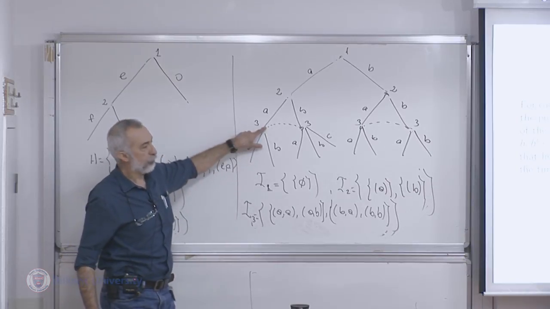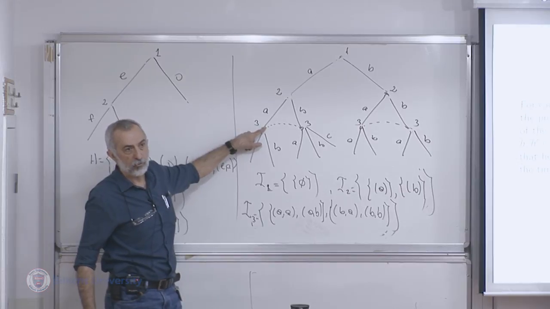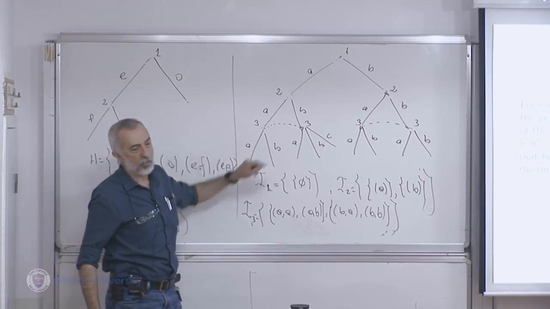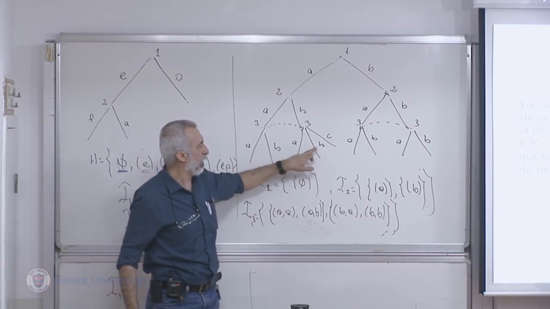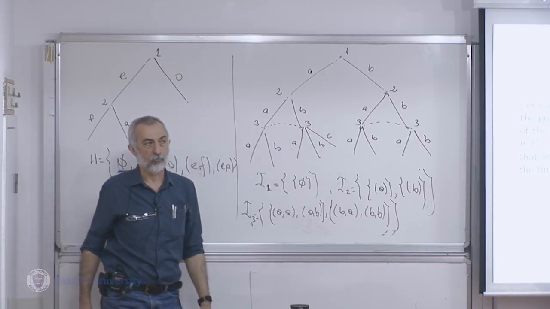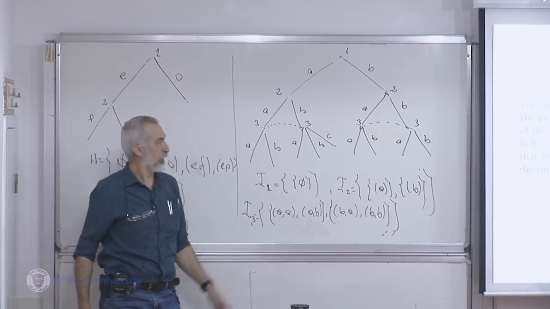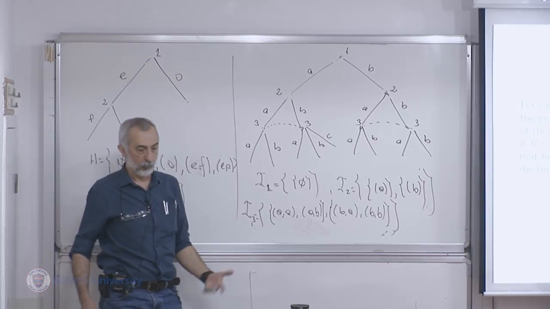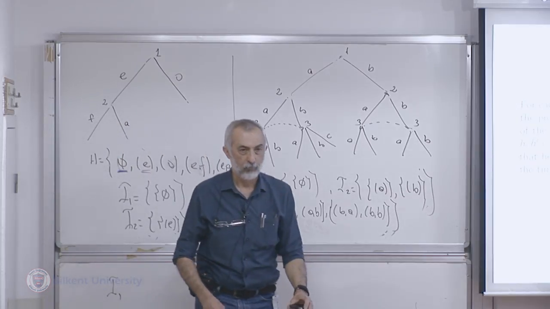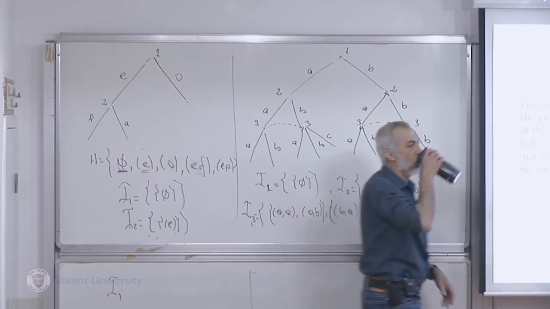If player 3 is at this state, he has to choose between A and B. If player 3 is at this state, he has to choose between A, B, or C, and he doesn't know which state he is at. Is that reasonable? Why not?